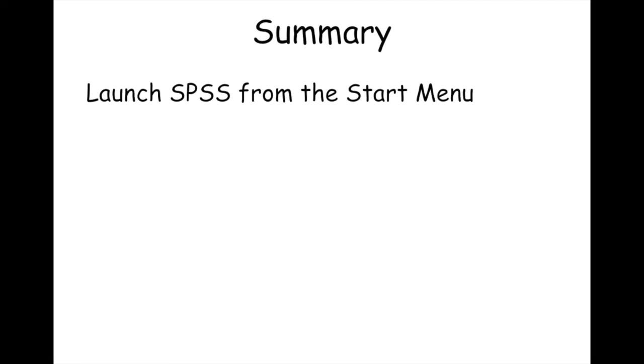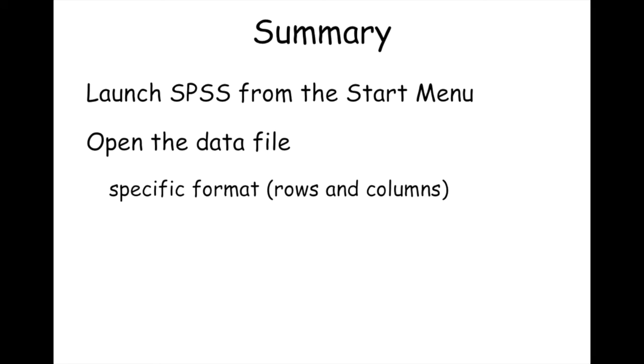To summarize, you launch SPSS from the Start menu by selecting All Programs, and then IBM SPSS Statistics. Once the program is open, SPSS will ask you to select the data file of interest. SPSS is a statistical analysis program, and the data are set up in a particular way.